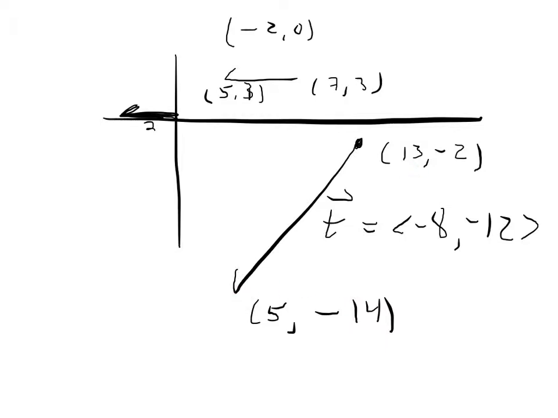If I subtract head to tail, 5 minus 13 is -8. And I've got my vertical change dropping from -2 down to -14. That's -12. And again, if I subtract from head to tail, -14 minus -2 is -12.